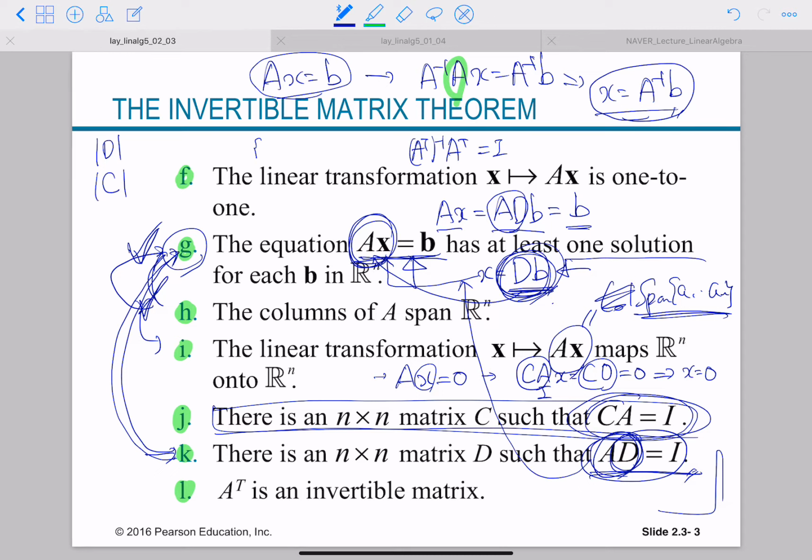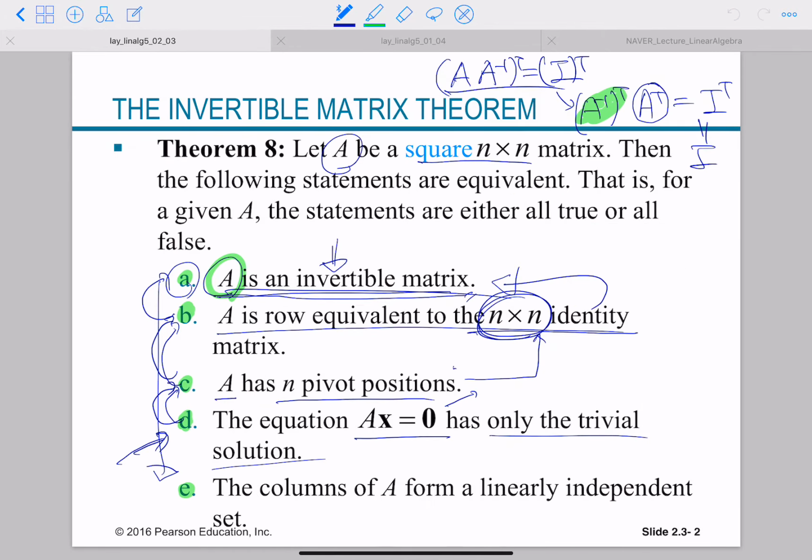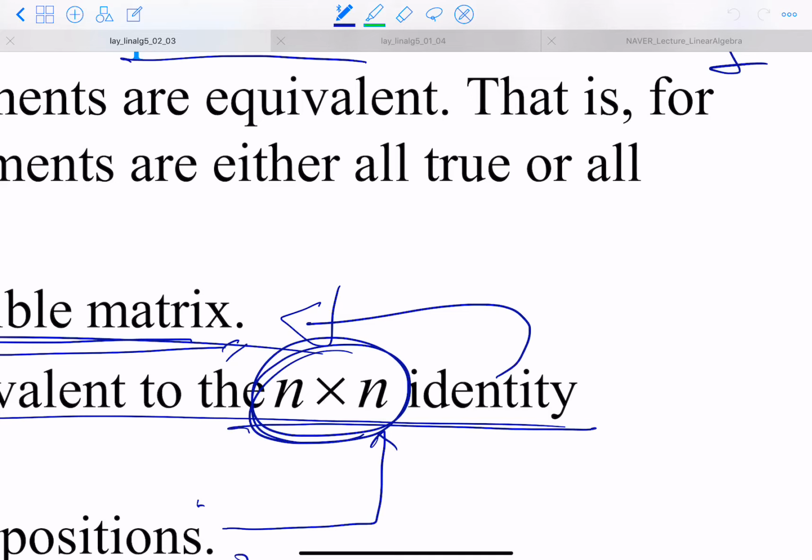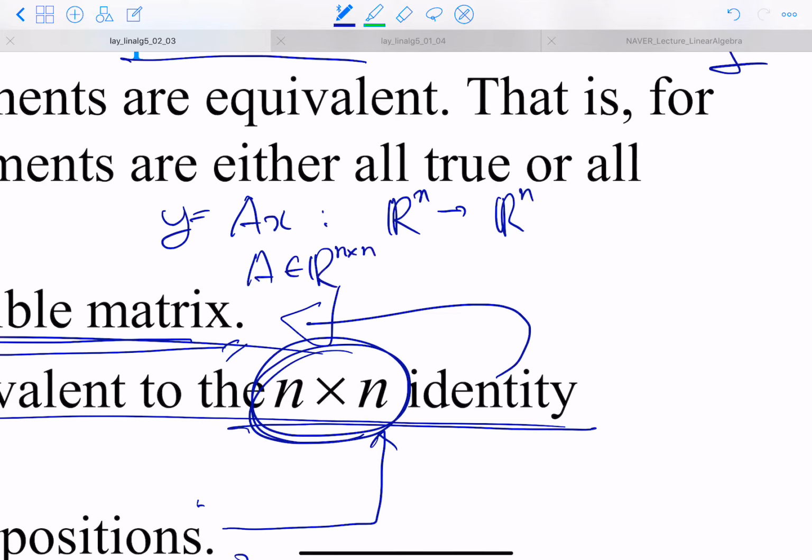If our matrix is an n by n square matrix, then from the perspective of this linear transformation, it is mapping an n-dimensional vector into an n-dimensional vector, where A is an n by n matrix.